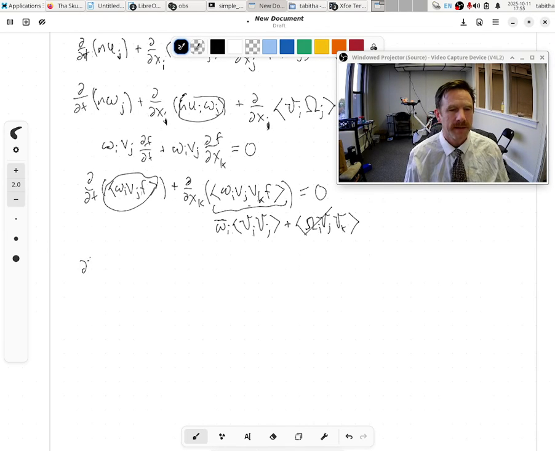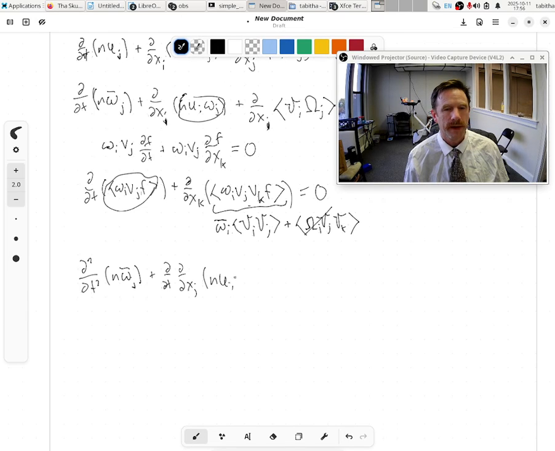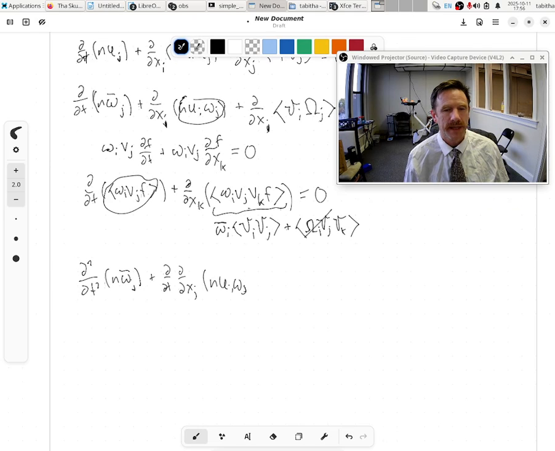We have a time derivative of the first one, so it's now a second time derivative, d by dt of d by dxj, or n ui omega j here.